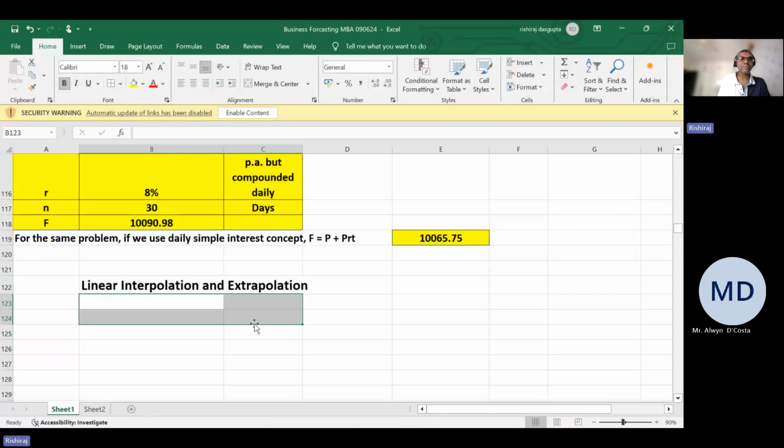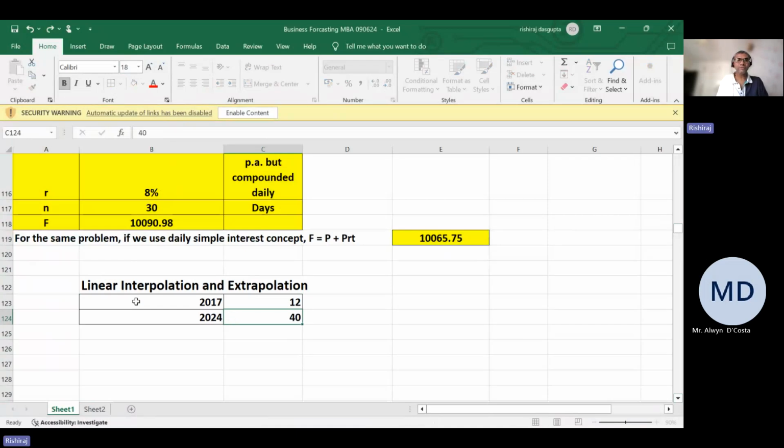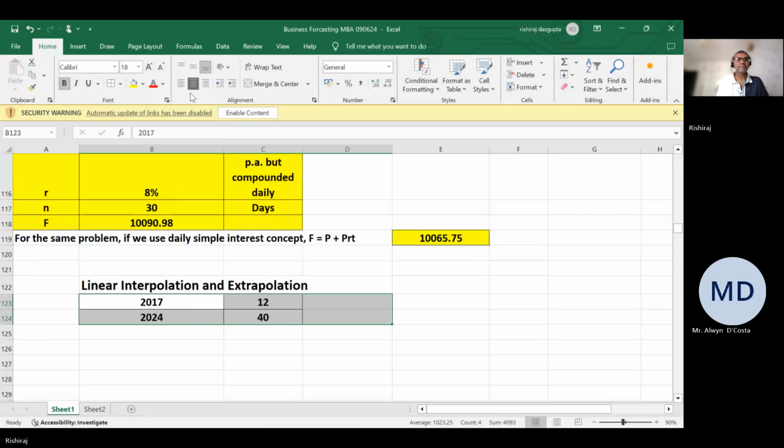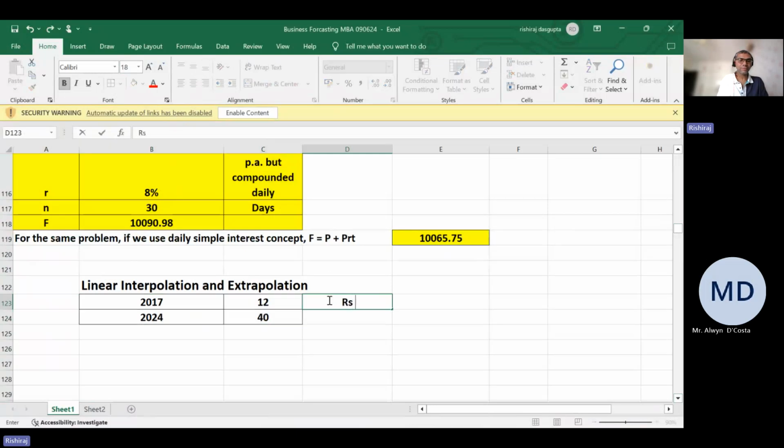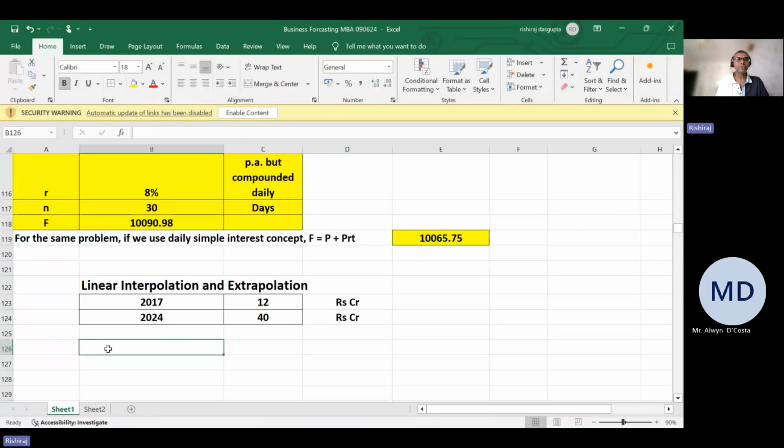So I use the same data. Suppose the 2017 revenue of the company was 12 crore and the 2024 revenue was 40 crore. So this is the given data, in rupees crore.